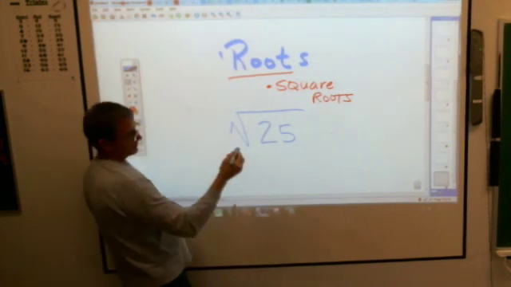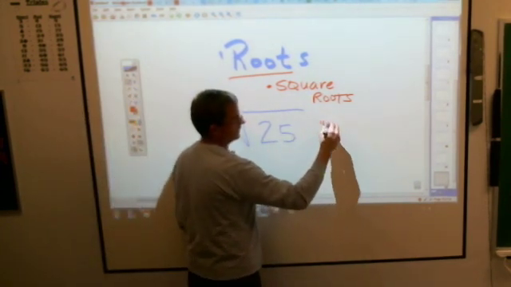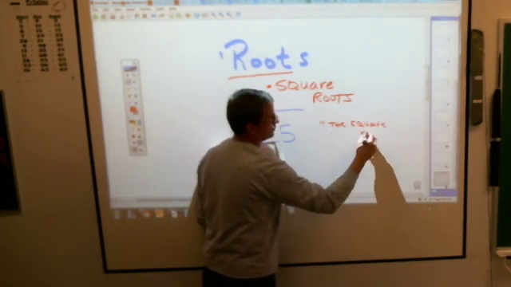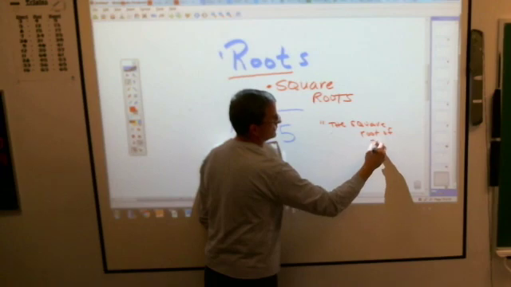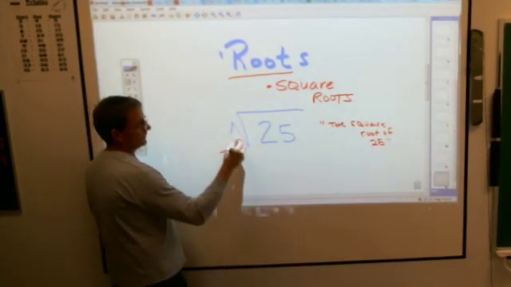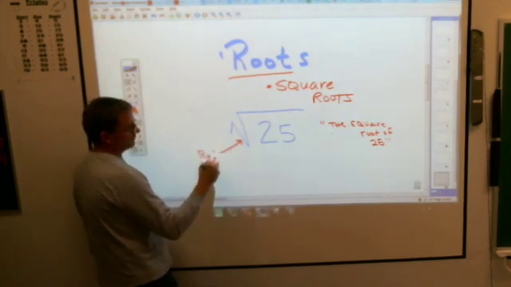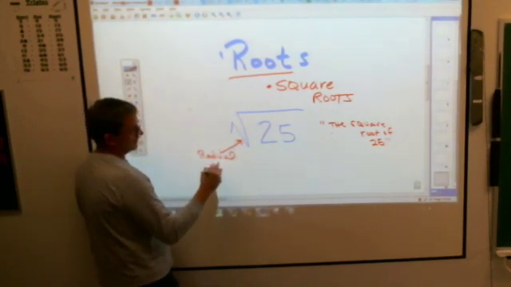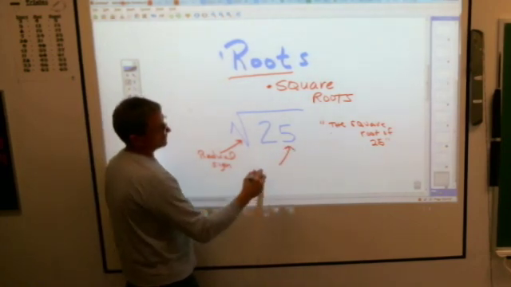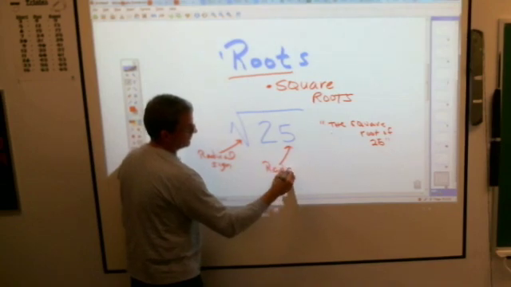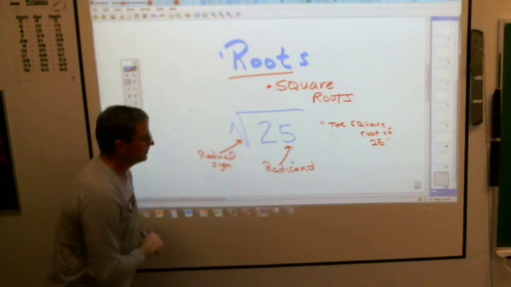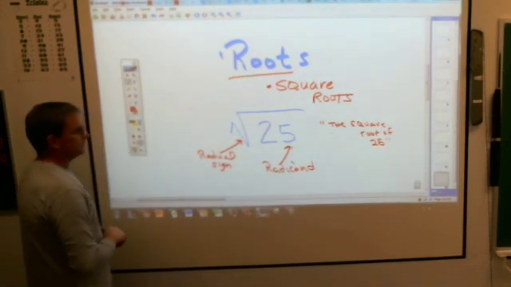And when you see this, you say it like you're looking for the square root of 25. This little sign right here is called the radical sign, because it's radical. And underneath the sign there, just for your information, is called the radicand. Someday we'll put a number up there which is called the index number, but right now we're not.